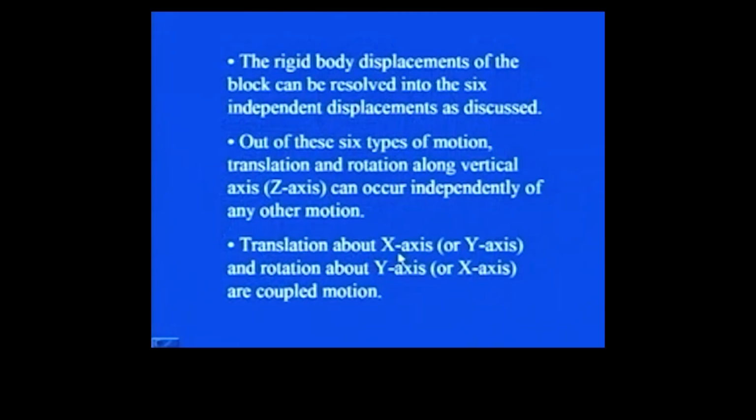Then there is translation along the x axis or y axis and rotation about the y axis or x axis. So 2 combinations are there: translation along the x axis with rotation about the y axis, and translation along the y axis with rotation about the x axis. They are coupled motions.